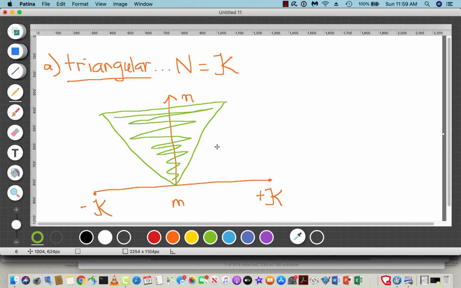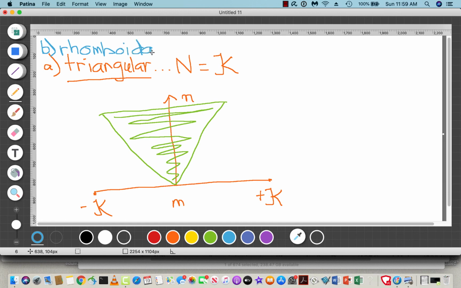Actually, I think there is something about that in the book, so I'll have a quick look at that and reproduce that for you. So this is one kind of truncation. The other kind of truncation is called rhomboidal.